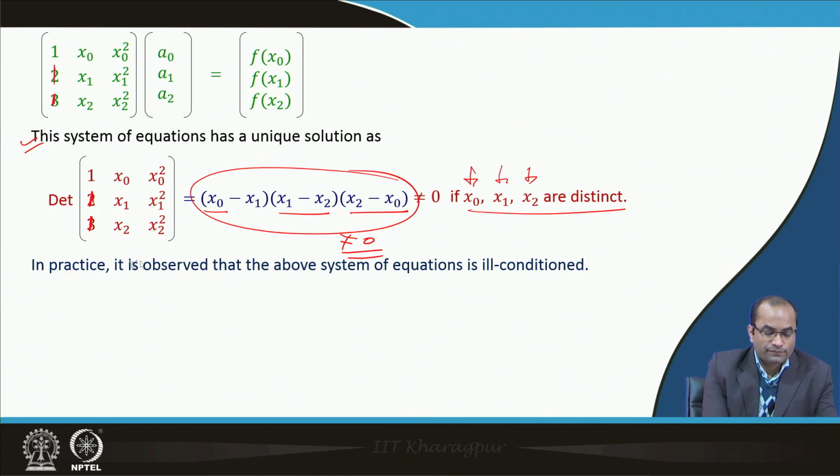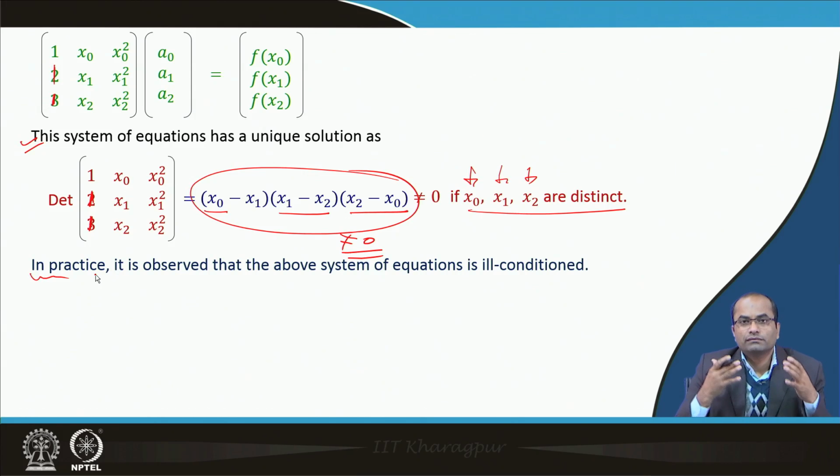So, in practice, what is the problem now? This explains the method, the way we can construct a polynomial given data points. If n plus 1 data points are given, we can construct uniquely a polynomial of degree n. So, what is the problem? Why are we now discussing more about the polynomial?